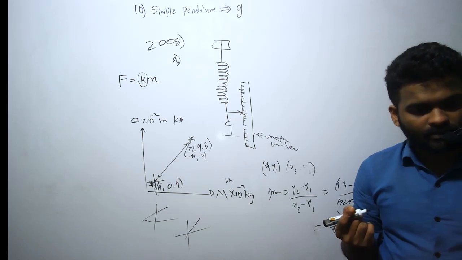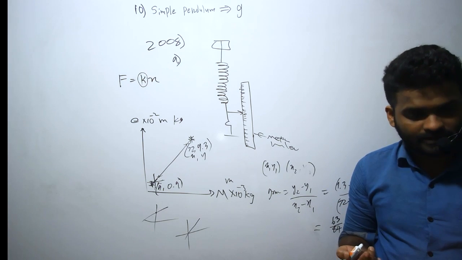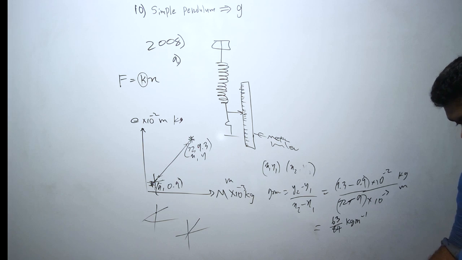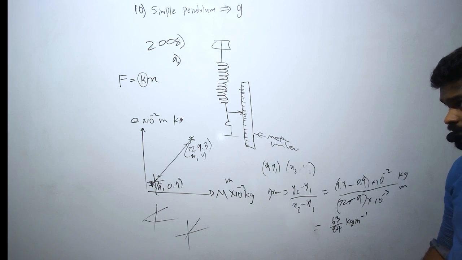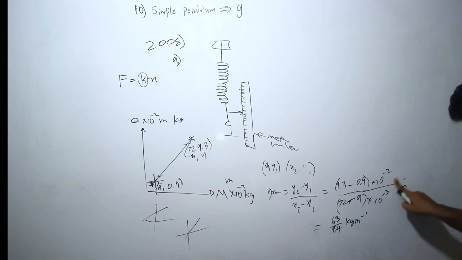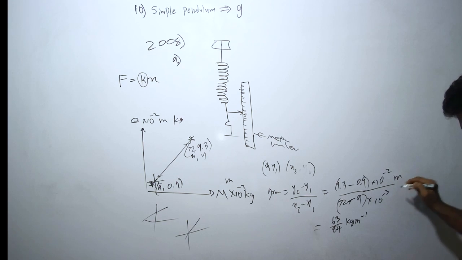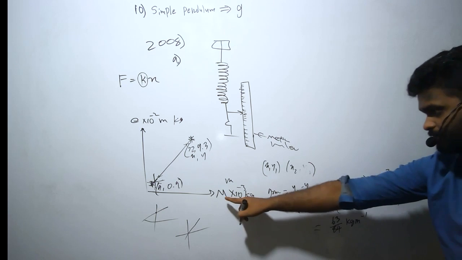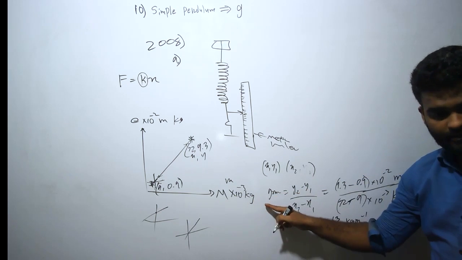But they ask the spring constant in terms of what? Sorry, not kilograms per meter, meters per kilogram. Here these are the lengths, these are m, meaning x coordinates.